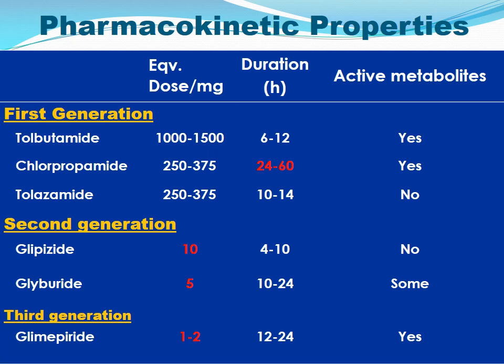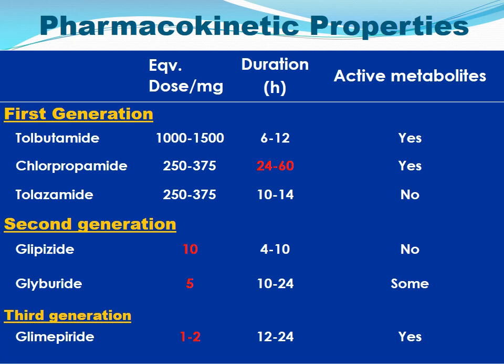The first generation drugs, tolbutamide, chlorpropamide, and tolazamide, are all usually used in high doses compared to the second and third generation. Say for tolbutamide, 1 to 1.5 grams daily, compared to about 10 milligrams of glipizide from the second generation.